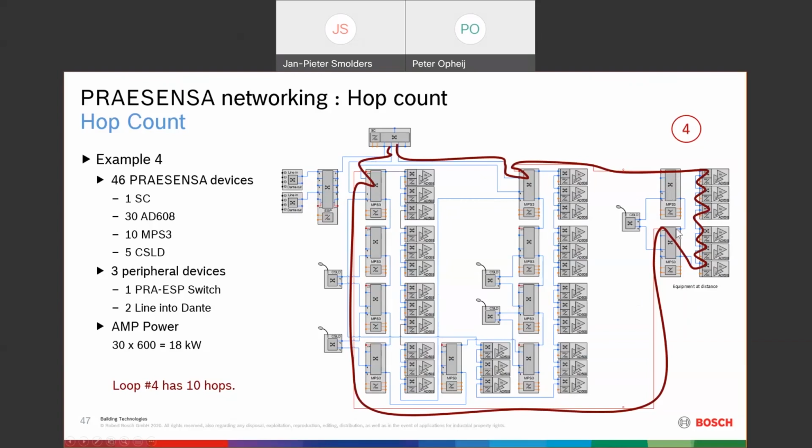But you have to count worst case. So you have to count if this cable is cut and this cable is cut, and then data will go like this. So you have to consider worst case scenarios. And here we have 10 hops.